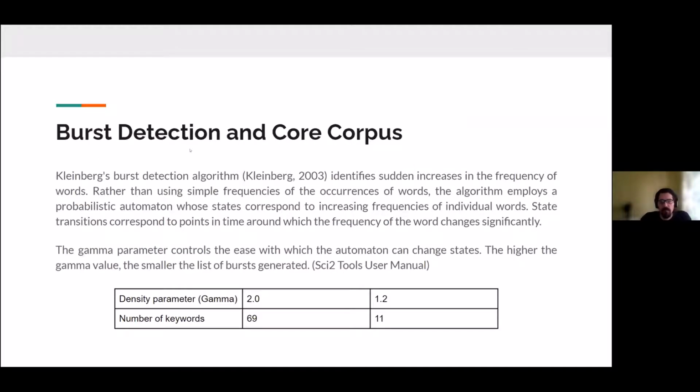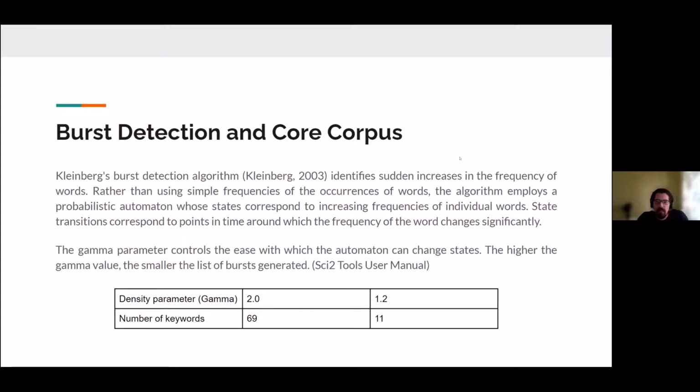Later we went to something called burst detection, which was the part that I was really interested in. We use Kleinberg's burst detection algorithm. You can check the paper. The beautiful part of this algorithm is that usually in burst detection, people previously used frequency analysis, like how many times a certain word is encountered, and looked at the frequency of words or the change of frequency.